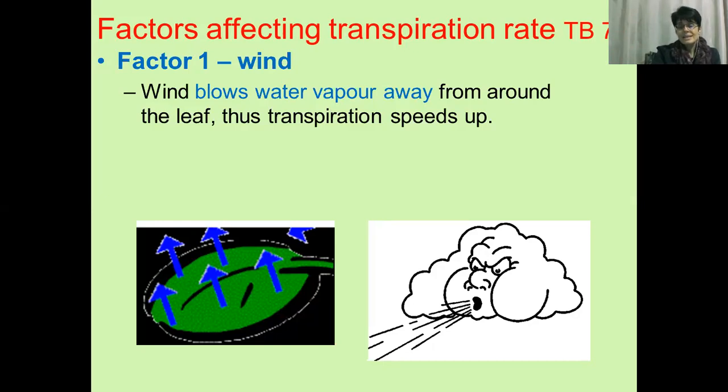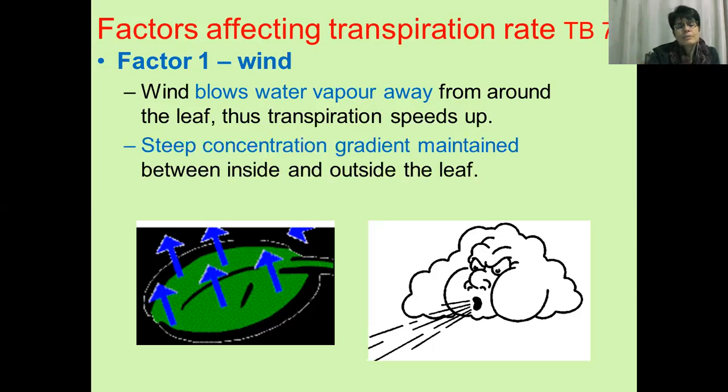Energy, and that heat energy is coming from your skin. So that's why you cool down. Your skin is losing heat because the sweat, the liquid water, is evaporating, and that uses heat energy coming from your skin. So the same with a plant. The plant will cool down as more water vapor gets blown away, and then more can leave.